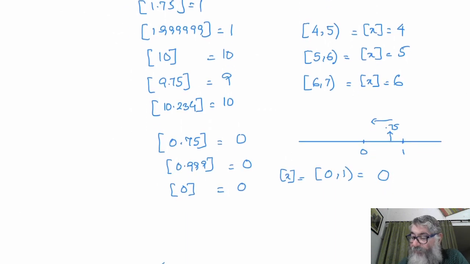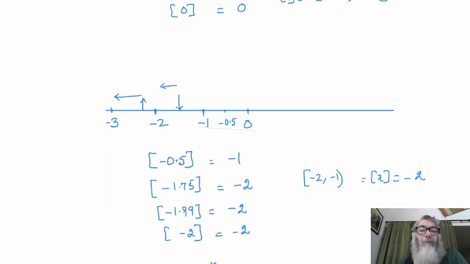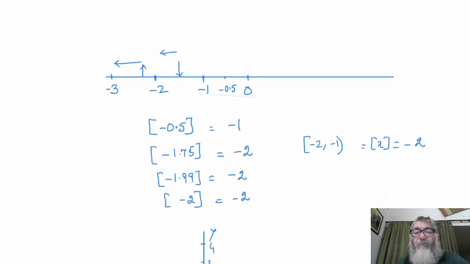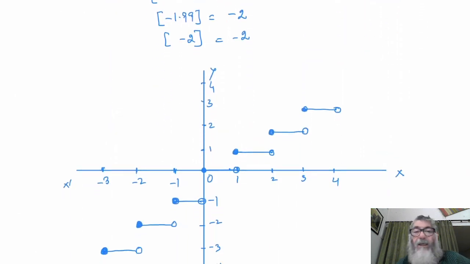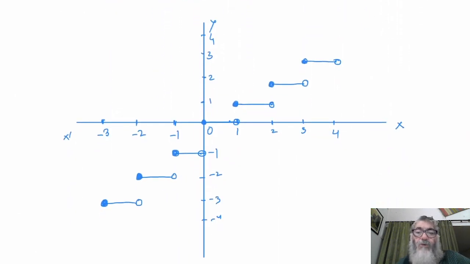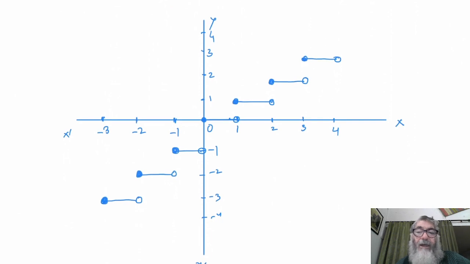You have to be careful about negative numbers, but you will be very comfortable with negative numbers also if you follow the number line, because whether negative or positive, you are moving to the left. There is no change in your movement. When you have to find the greatest integer, you always move to the left of the given number.